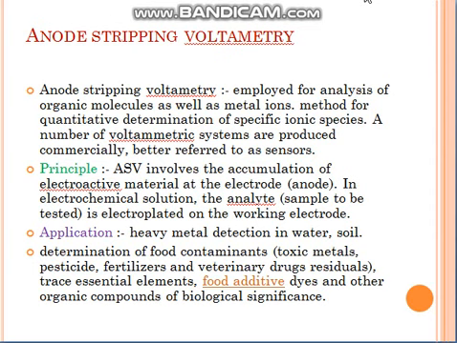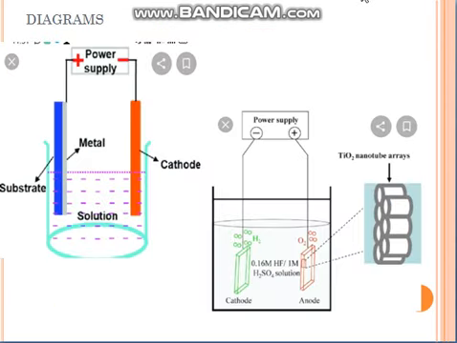The principle states that the sample to be known could be extracted from scraping the anode. So in this diagram, we can see that electric current is passed through the electrolyte, and the sample to be known gets accumulated on the electrode, and that is scraped and known.